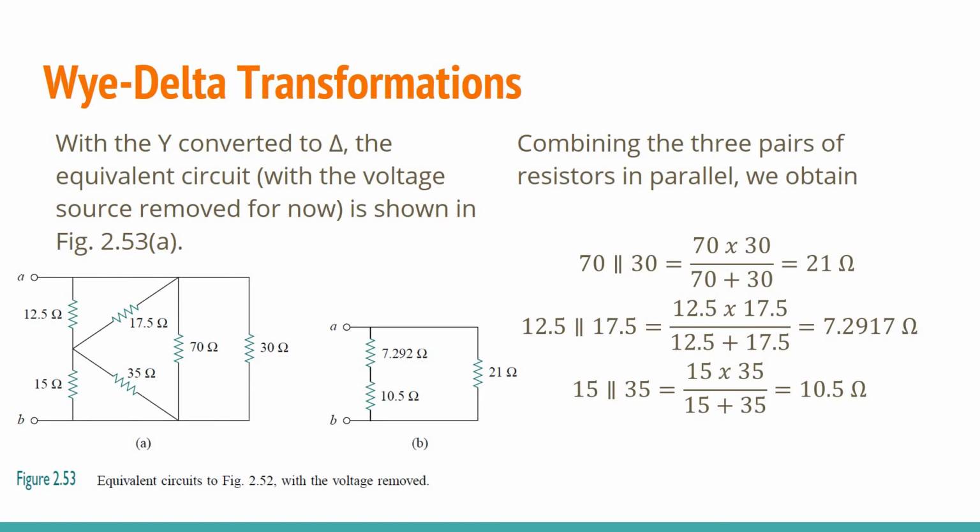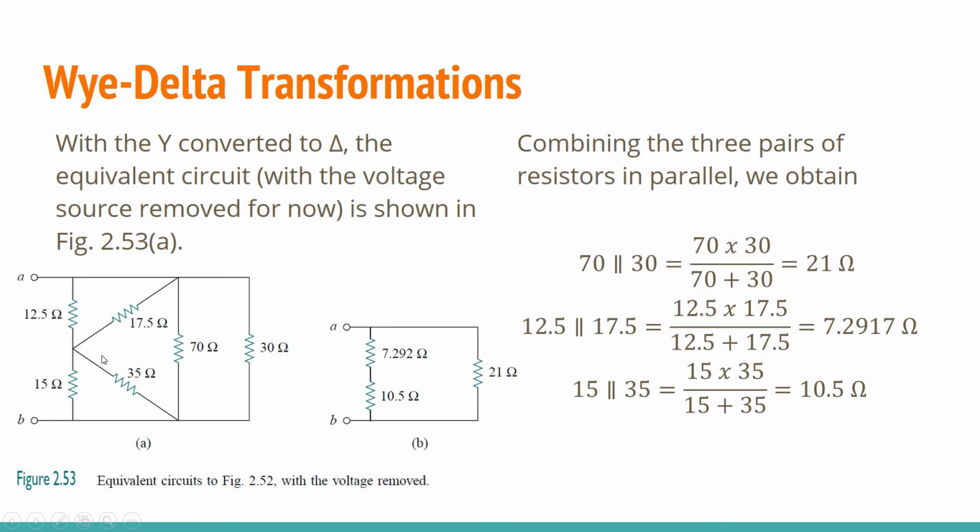With the Y converted to delta, the equivalent circuit with the voltage source removed for now is shown in figure 2.53a. Okay, so in the given circuit, the source was removed so that only the resistors are visible. What we will find is the equivalent resistance from node A to node B. The Y network was simplified and became a delta.